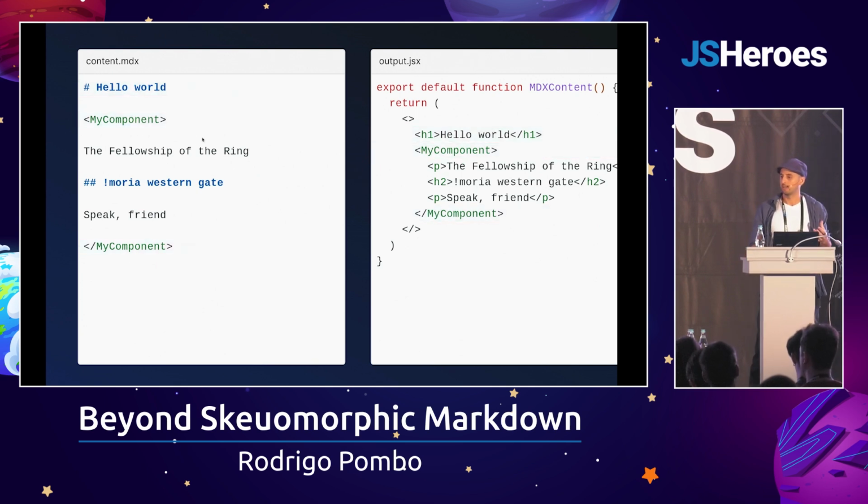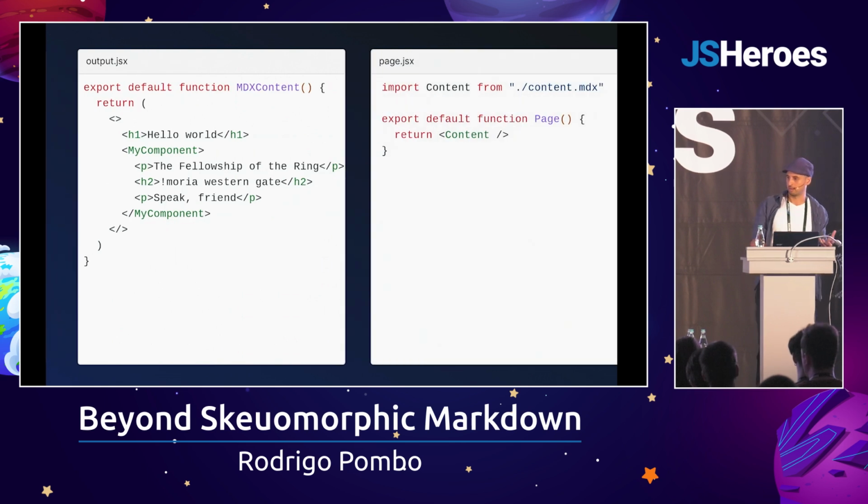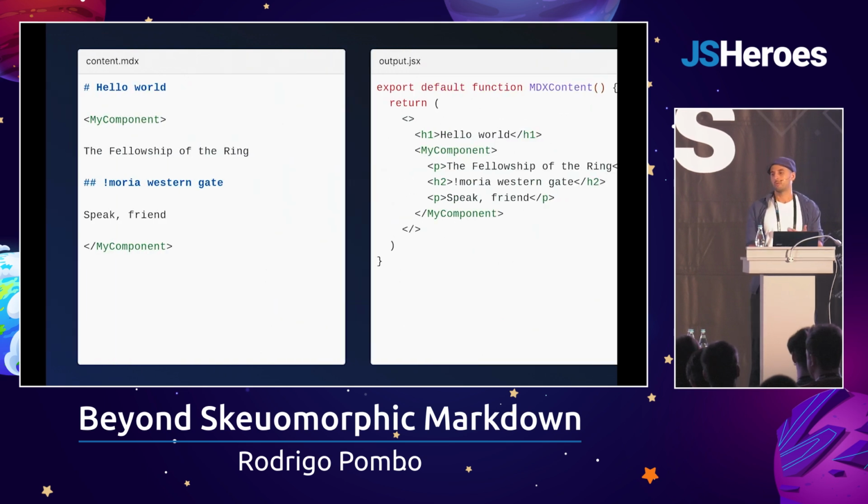You can see the different JSX elements coming from the different nodes in Markdown. And then this is the generated output. Whenever we want to use this, we import the MDX file and use that component anywhere we want.